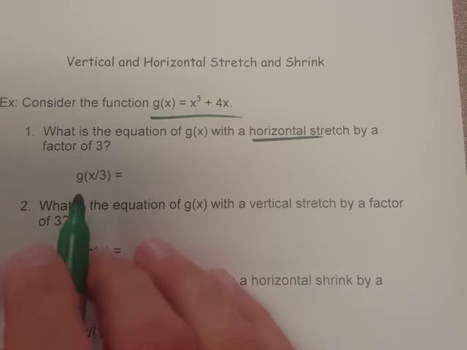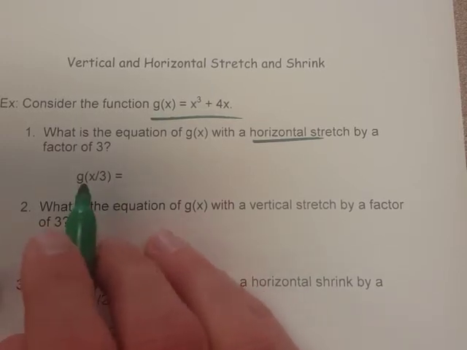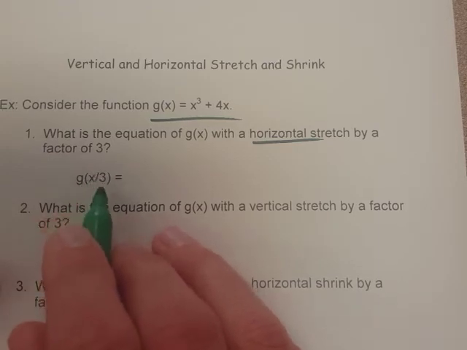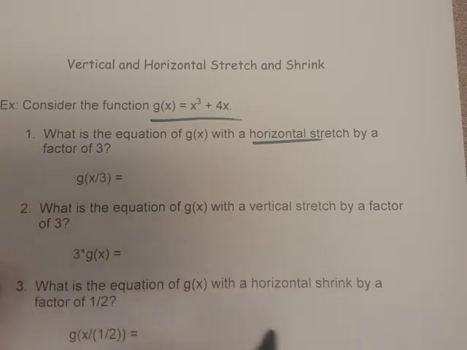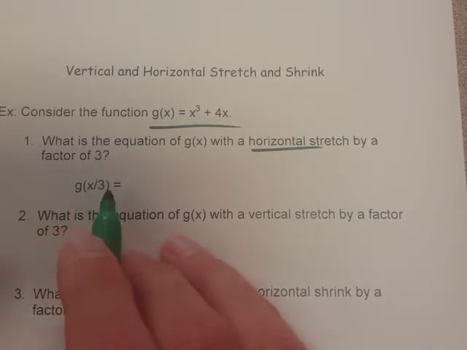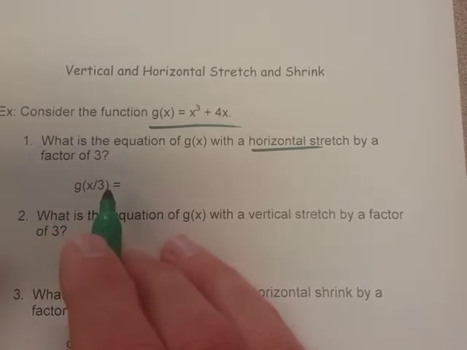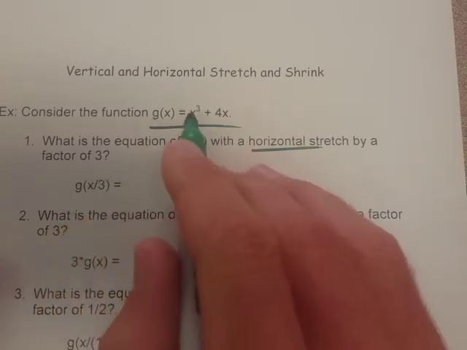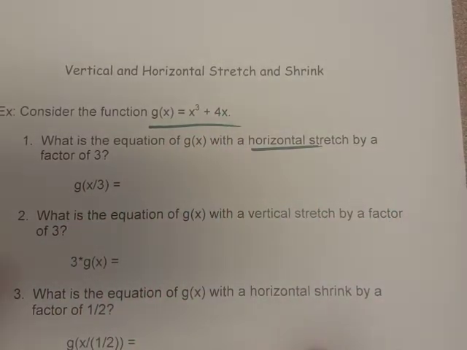Now, important to know again how the horizontal stretch and shrink work. It's in the form x over c. So you see we have this formula here that's going to work out for us. So x over c, we have a horizontal stretch by a factor of 3. We're just going to plug this in to each spot that we have in the original function.